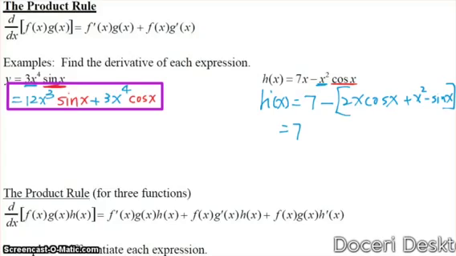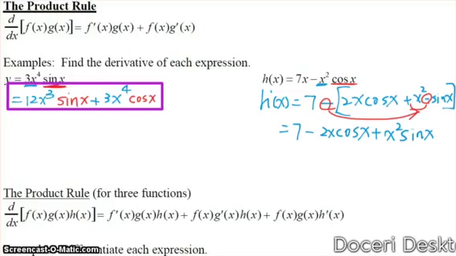Get rid of some stuff, multiply it in, negative, get rid of negative: negative 2x cosine x. This negative with the negative right here, and with this one coming in, a double negative becomes a positive. Positive x squared sine x.